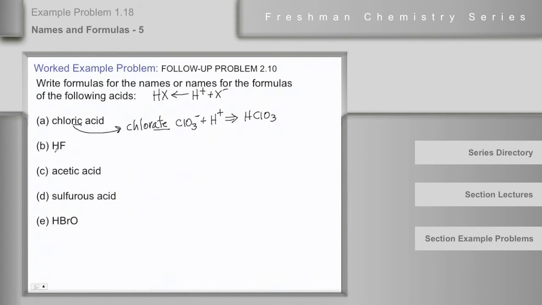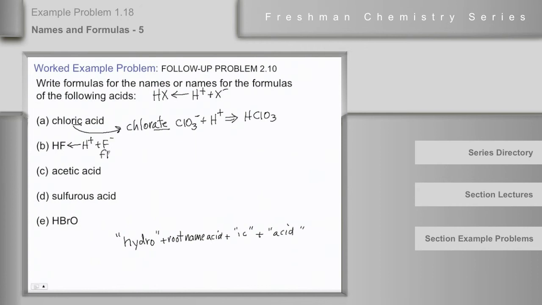Now, in a case where we have a binary acid, just two elements present, the procedure involves the prefix hydro. So it would be hydro plus the root name of the acid plus IC in this case plus acid. If we apply this to HF, you can think of HF as being made from H plus and F minus.